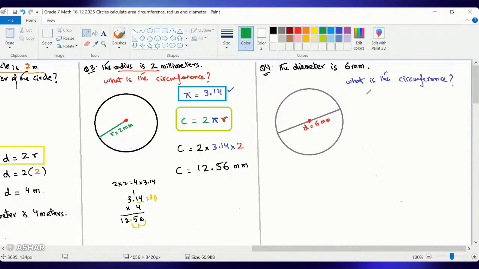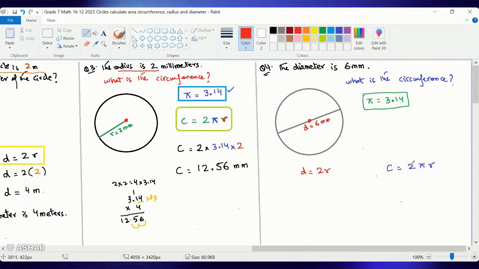See, we have two options. First thing we need to remember is that the value of pi would always be taken as 3.14. What they're asking us to find is the circumference. Circumference means 2 pi r, right? That is the formula for the circumference. But we also know that diameter is equal to 2r.